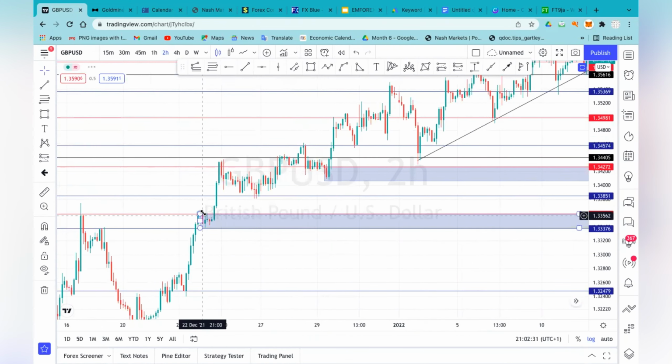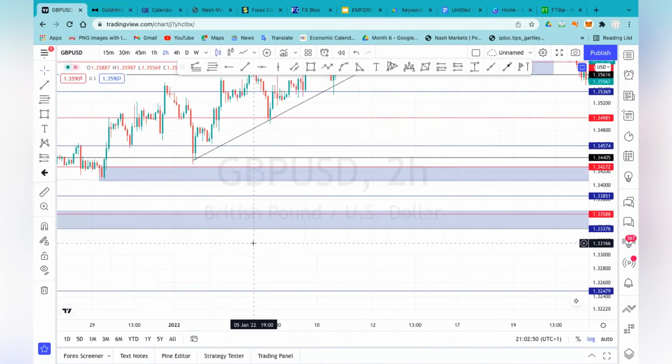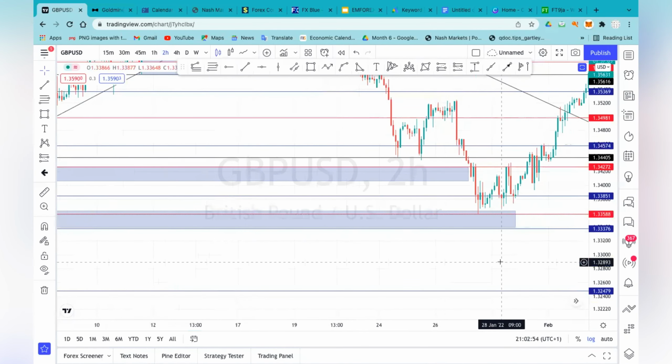So this bearish candle, I would have used this, but this candle is not showing momentum, it's not showing bearish strength. That's why I make use of this. So the market reached in just once and never came back there.